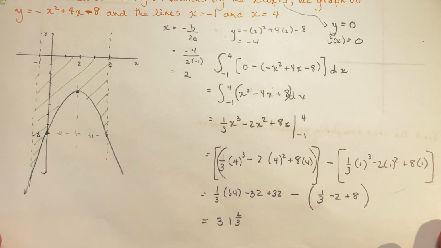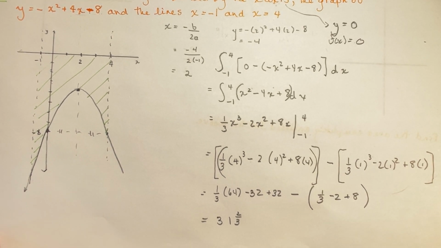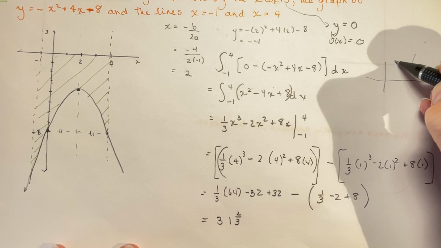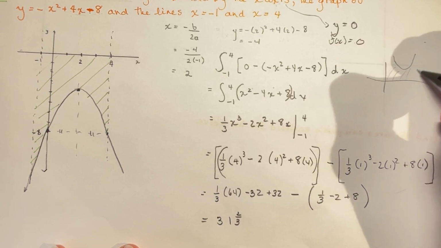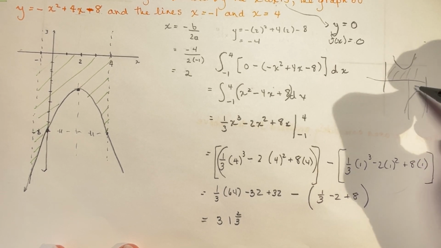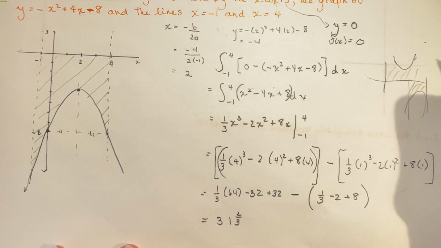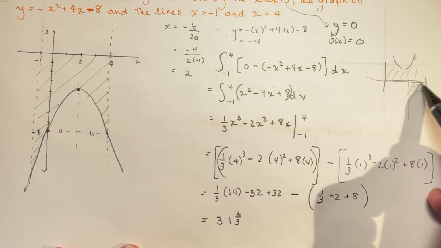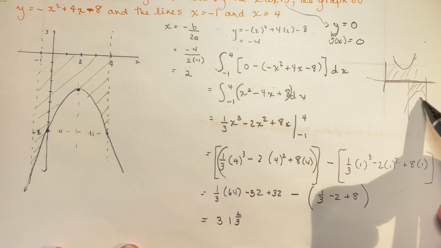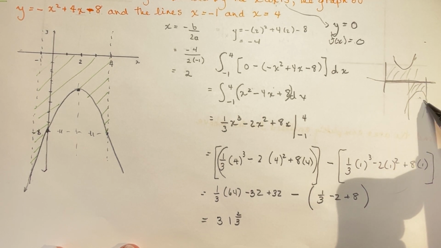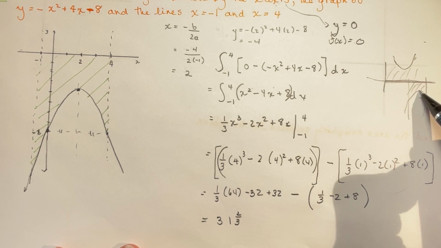Now, I want to note right now that when we were doing the other lesson, we talked about the area. Remember, if the function is above the x-axis, then your answer is going to be positive. If the function was under the x-axis, say between here and here, then this area would be negative. Now, when you're doing between two curves, this was negative because we should have been doing 0 minus this, which would make the area positive, right?